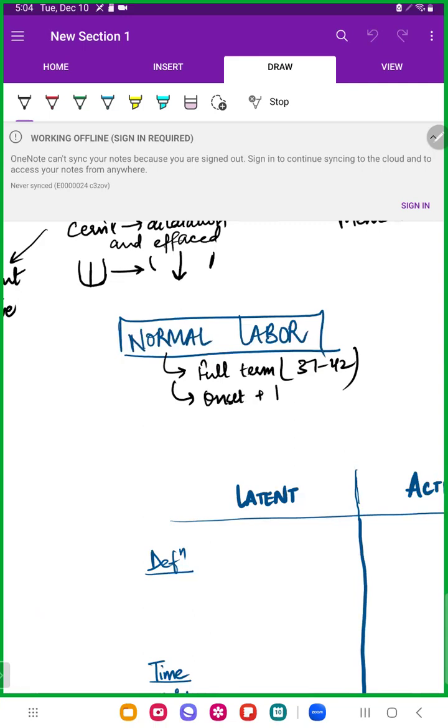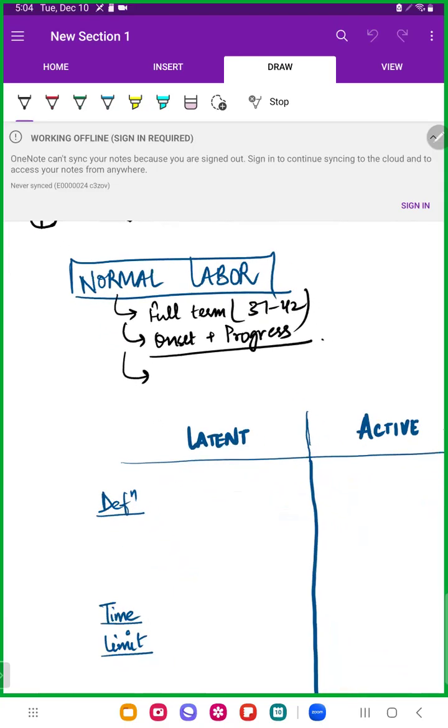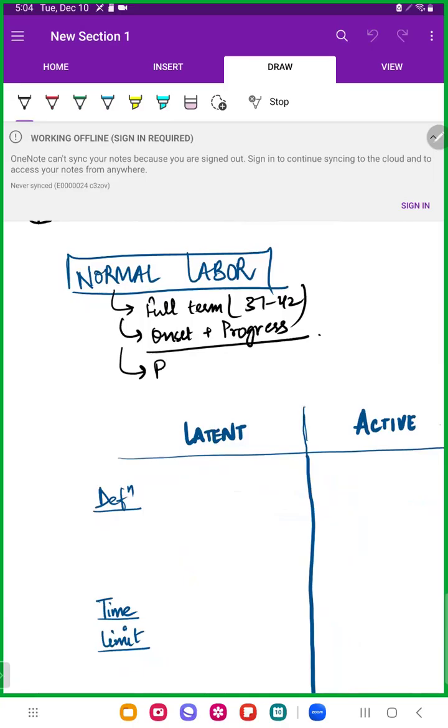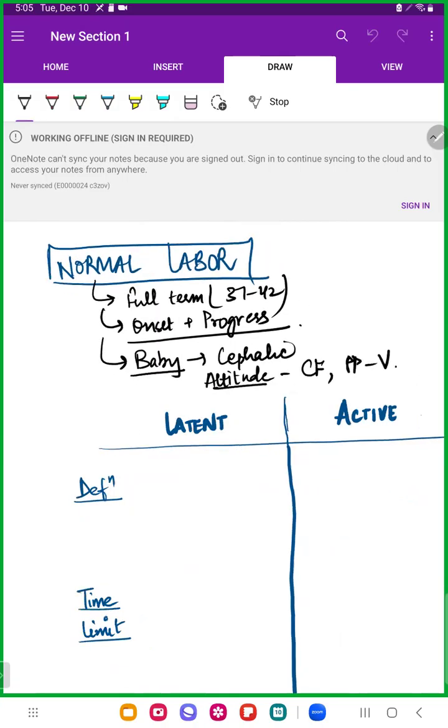Both should be spontaneous. Next, the baby should be in cephalic presentation. Attitude should be complete flexion, and the presenting part is to be vertex.